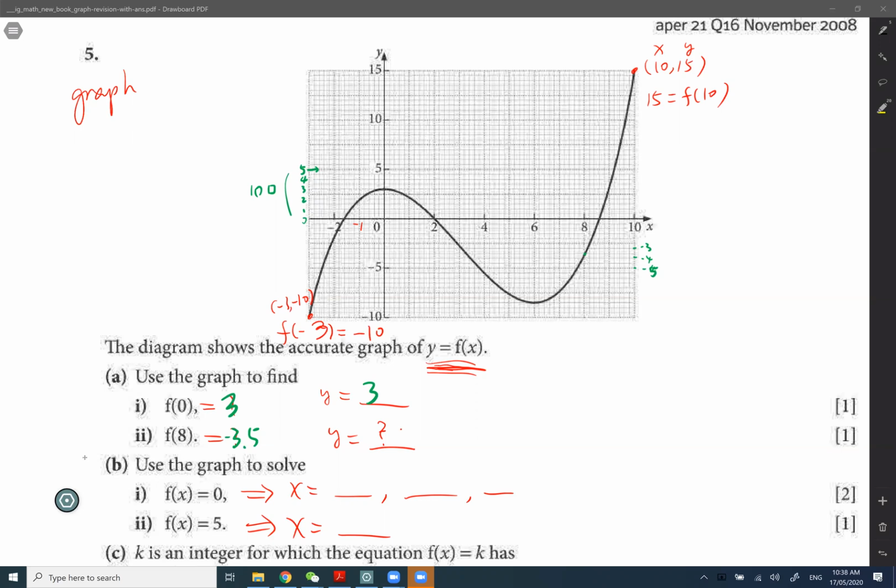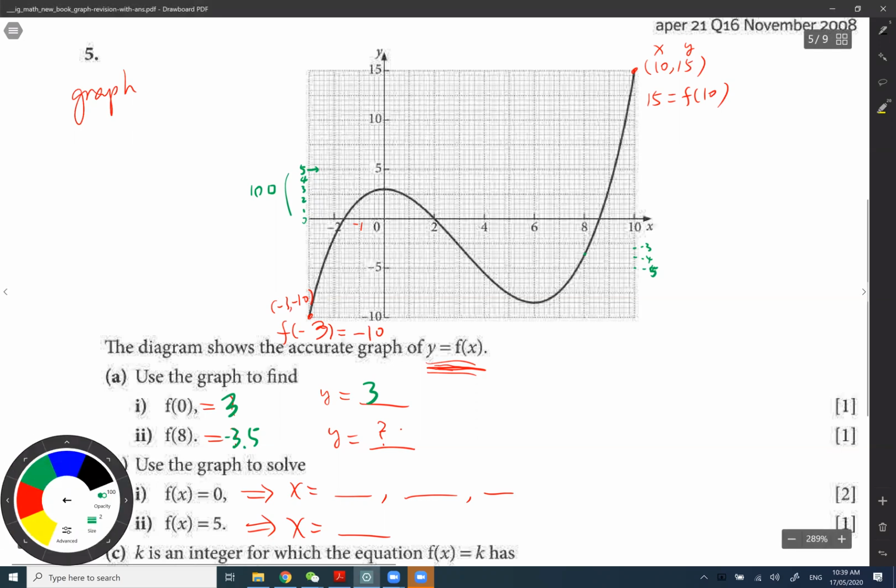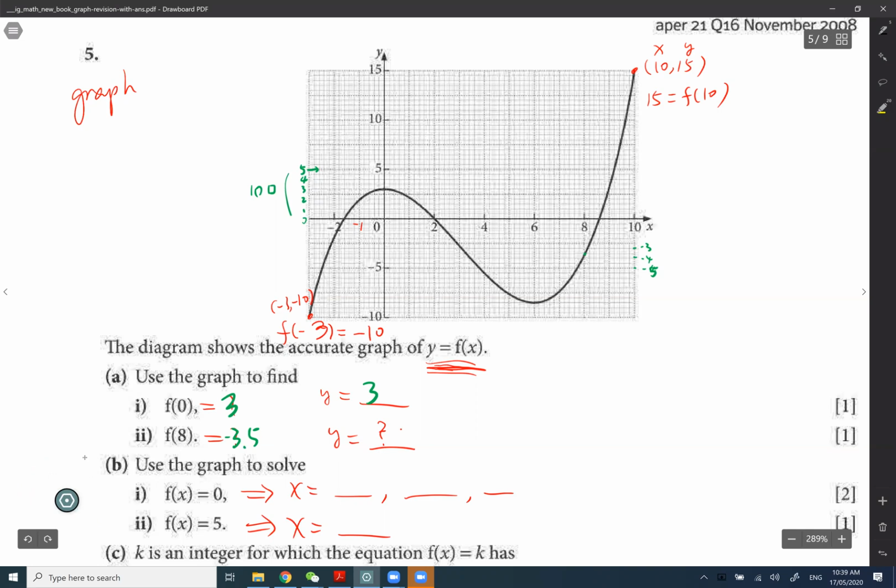If the y value is 0, you need to locate the point where y value is 0 and find the x values.